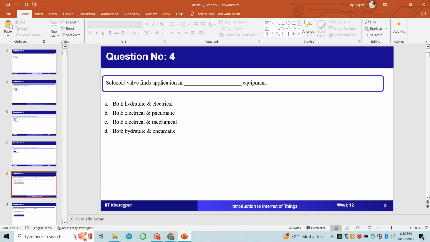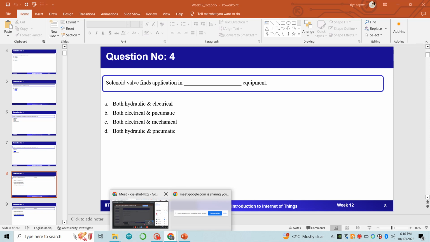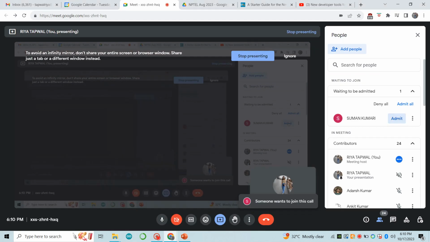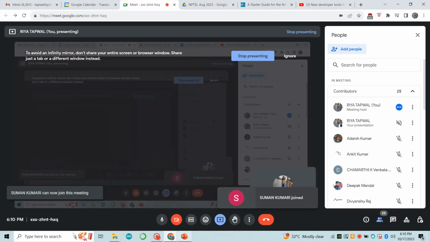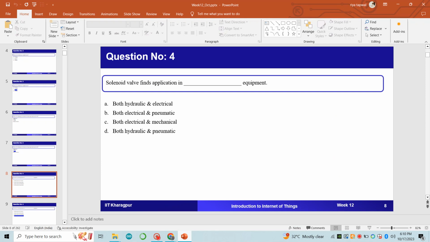Anyone else? Correct option for this is D, both hydraulic and pneumatic. Basically, your solenoid valve is used to control the pressure which is either generated by fluid or gases. So, hydraulic and pneumatic.